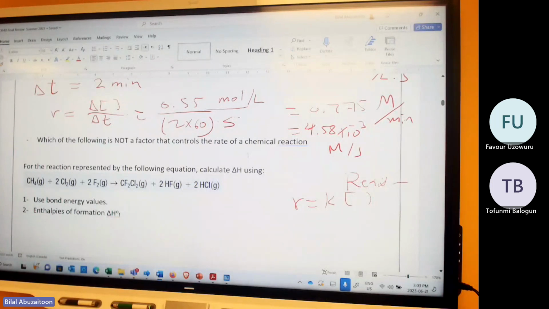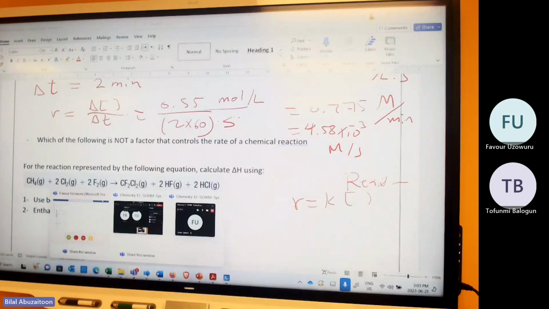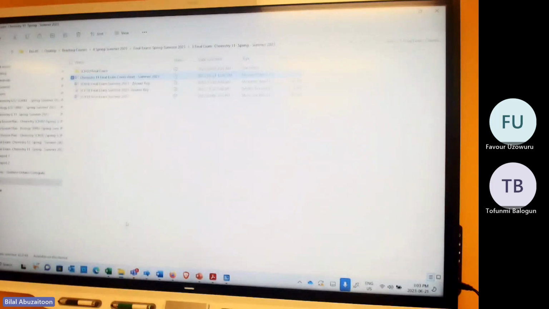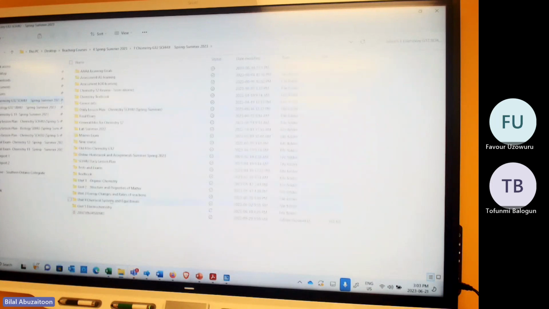Nature of reactant, catalyst, surface area, temperature. Anything other than this does not affect. Remind us, please.